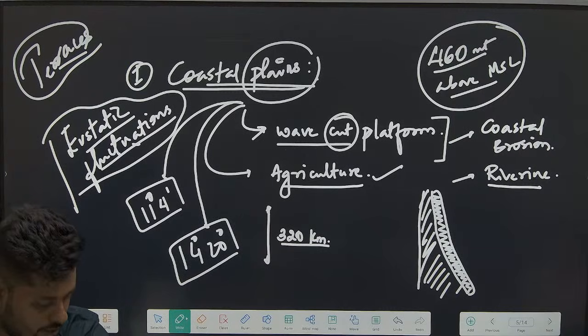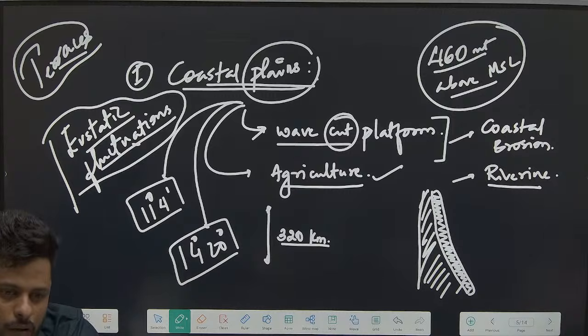Then, talking about sea wave deposition, beaches. The next category of question you can expect is the beaches. What kind of beaches do we have? Is a beach a coastal feature or a riverine feature? Is it a depositional activity or an erosional activity? I told you, those who have been to a beach know it is very, very difficult to clean the sand. It sticks, because it is very fine. That fine deposition is by coastal depositional activity, and it does not happen everywhere.